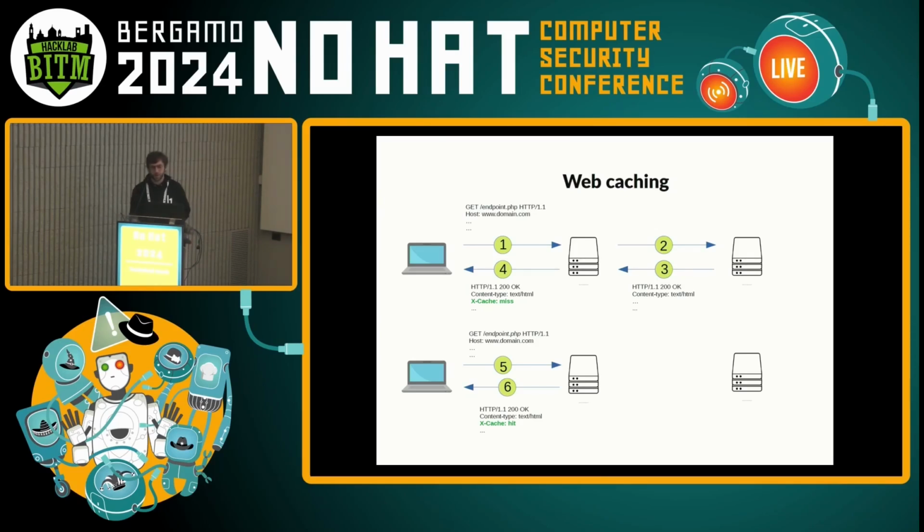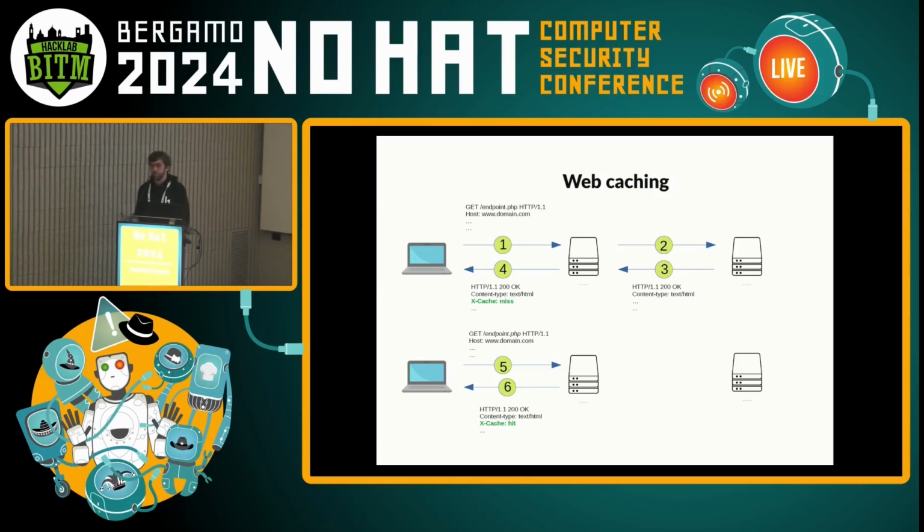Here is a classic example. In step 1, a client sends a request to some endpoint, let's say endpoint PHP. The intermediary node, the web cache node, forwards the request to the origin server. Then the origin server responds to the intermediary node, and the intermediary node, based on some cache configuration, can decide to save the resource in cache, then return it to the client.